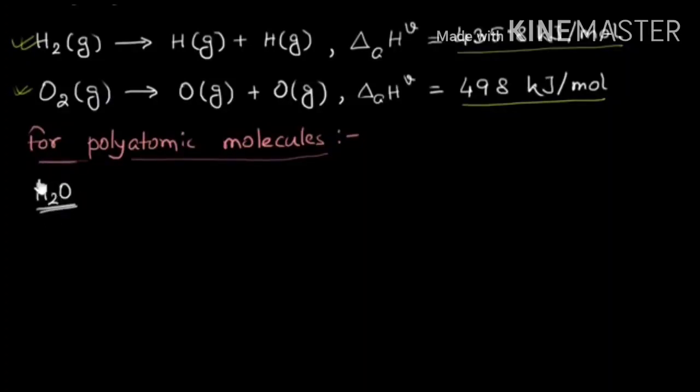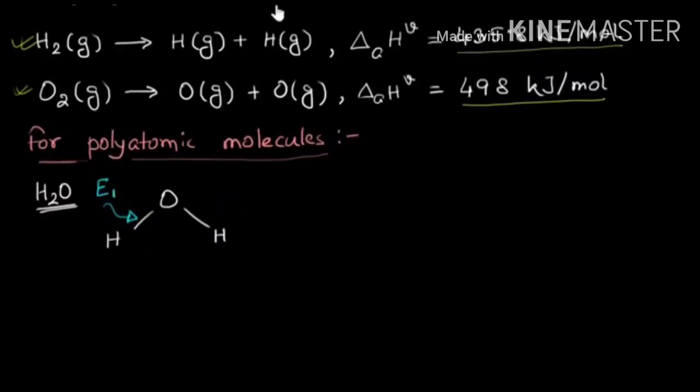Let us take one example of a triatomic molecule, that is water. In this case, oxygen is the central atom and hydrogens are the surrounding atoms, and there are two bonds between oxygen and hydrogen, and these two bonds have different energy.